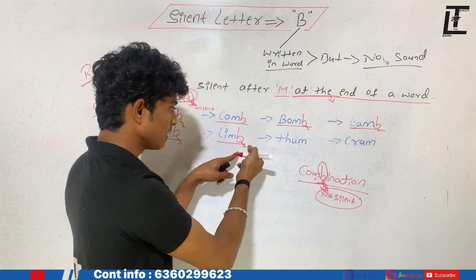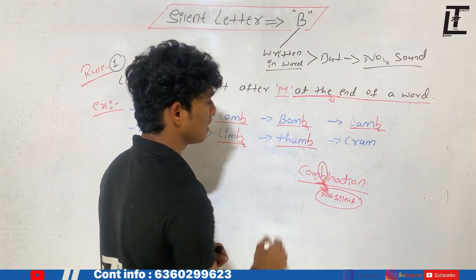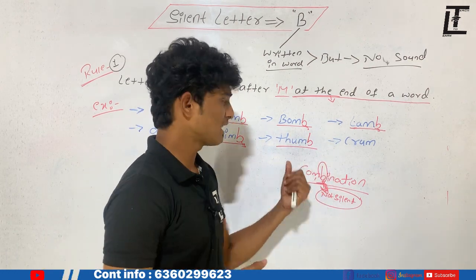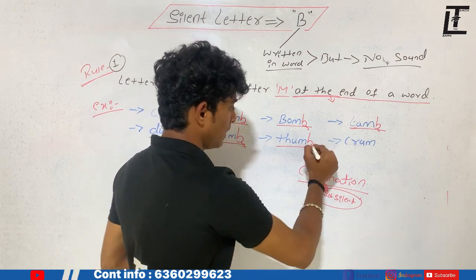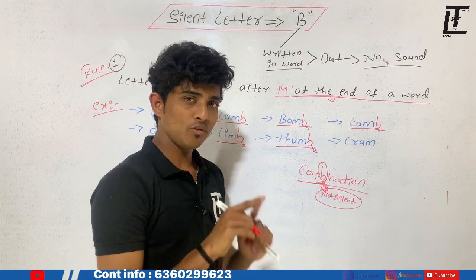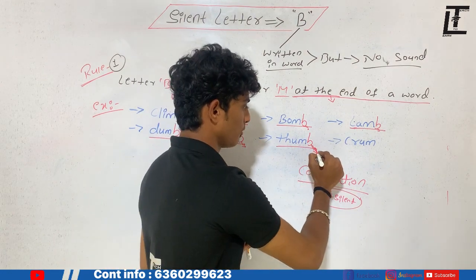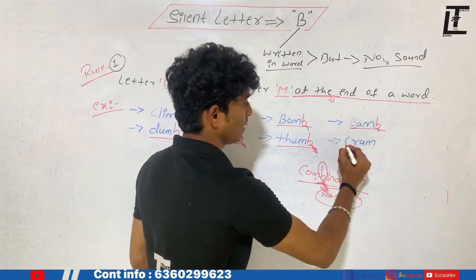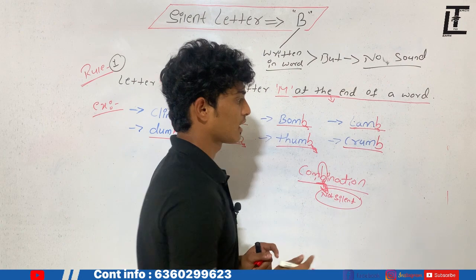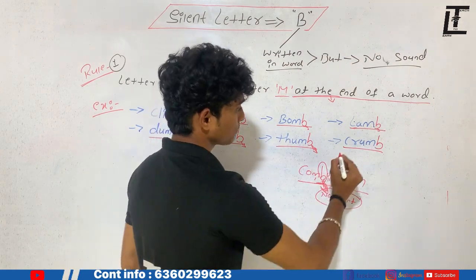It is at the end and after the M. Here, many people, even I used to, pronounce this with the B sound, but we don't pronounce the B in thumb. B is a silent letter. B must be written, but it should not be pronounced. And here, what is this? This is crumb, and we pronounce this without the B. Okay, fine.